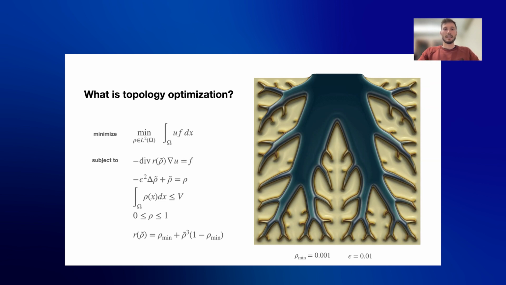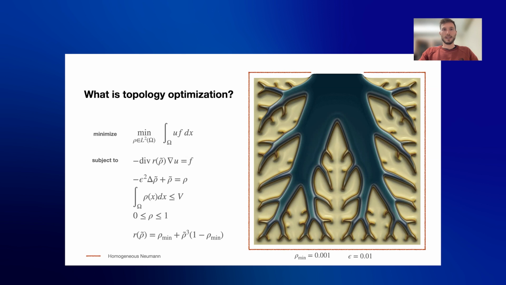And the fifth one is the solid isotropic material penalization. It means that we want to find sharp transitions because we cannot produce a 0.5 material, we can only have zeros and ones, right? Material and no material. So this one is a penalization term. We also have boundary conditions. In that case, we have homogeneous Neumann boundary conditions on some part of the domain, and we have inhomogeneous Dirichlet conditions on a different part of the domain.